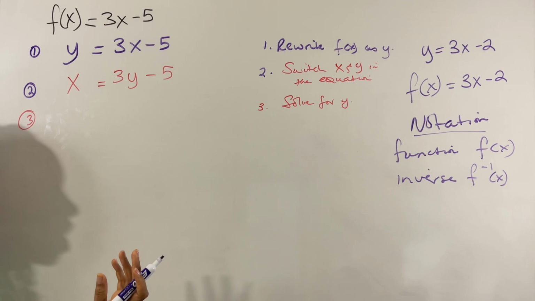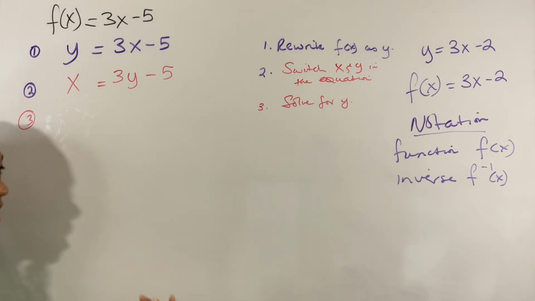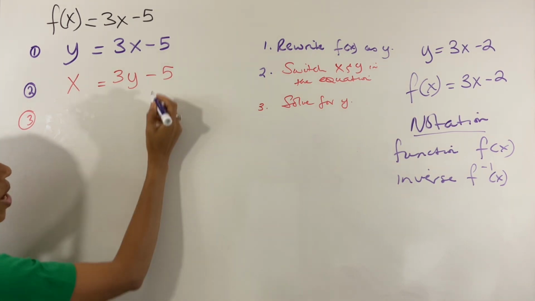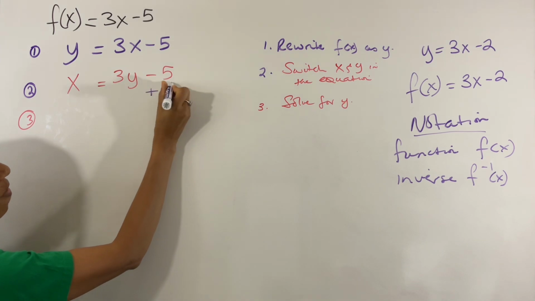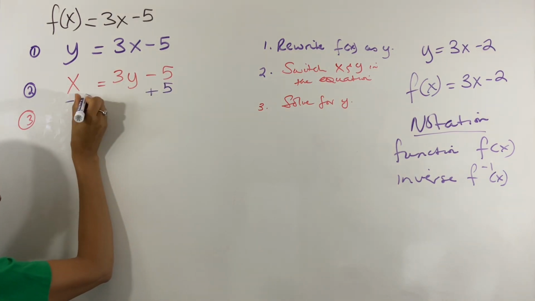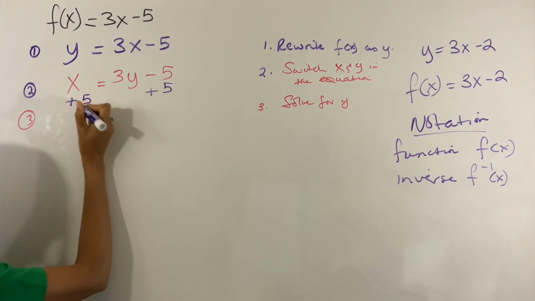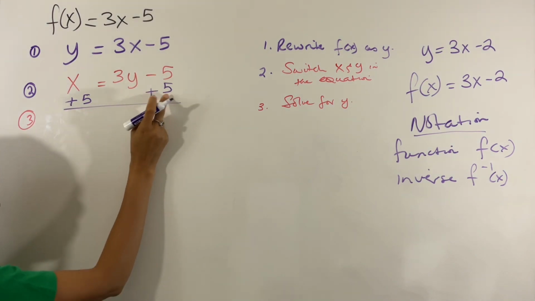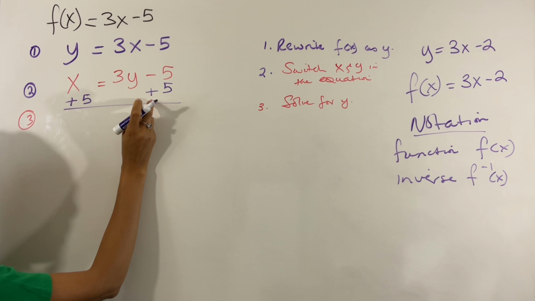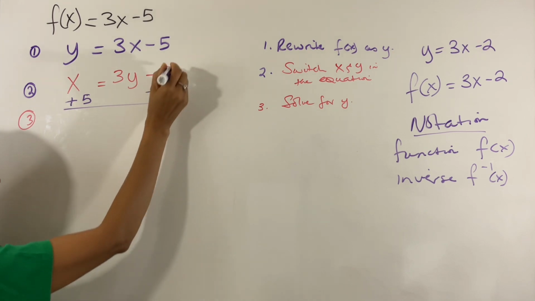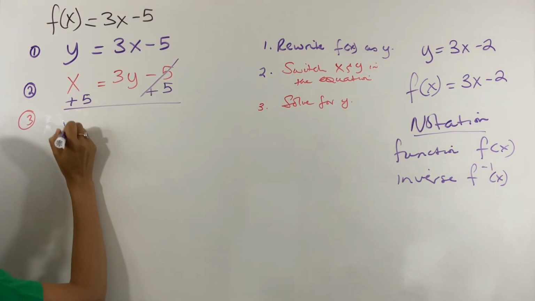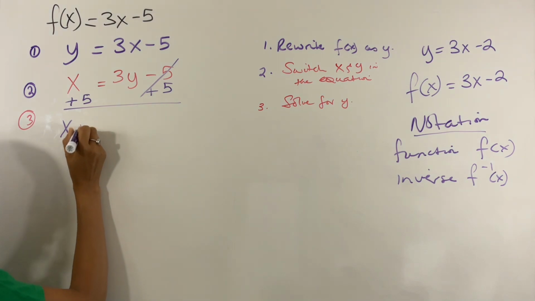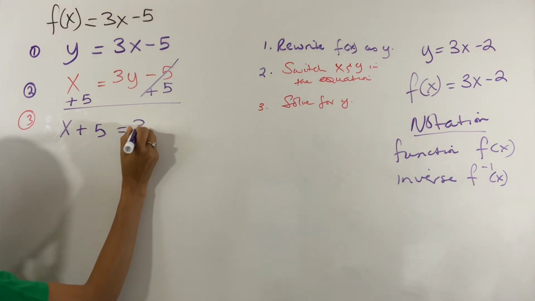You remember the Cha-Cha Slide song, it says reverse, reverse. So we're going to do the reverse or the inverse of that. And whatever we do on one side, we must do on the other side. Then that cancels out, and we will have x plus 5 equal 3y.